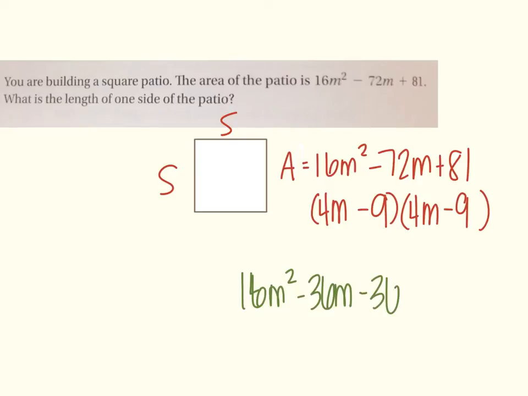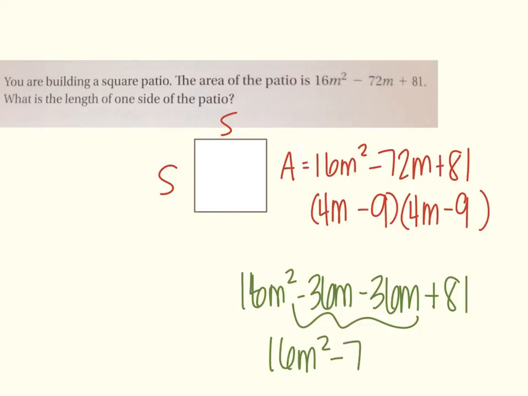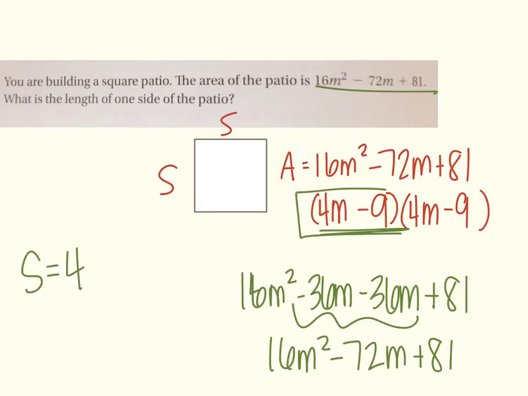Negative 36m plus 81. And then if you add the two middle terms, you get 16m squared minus 72m plus 81, which happens to be what you started with. So one side of the patio is one of these factors, which is going to be 4m minus 9. So we're going to say side equals 4m minus 9 is our answer.